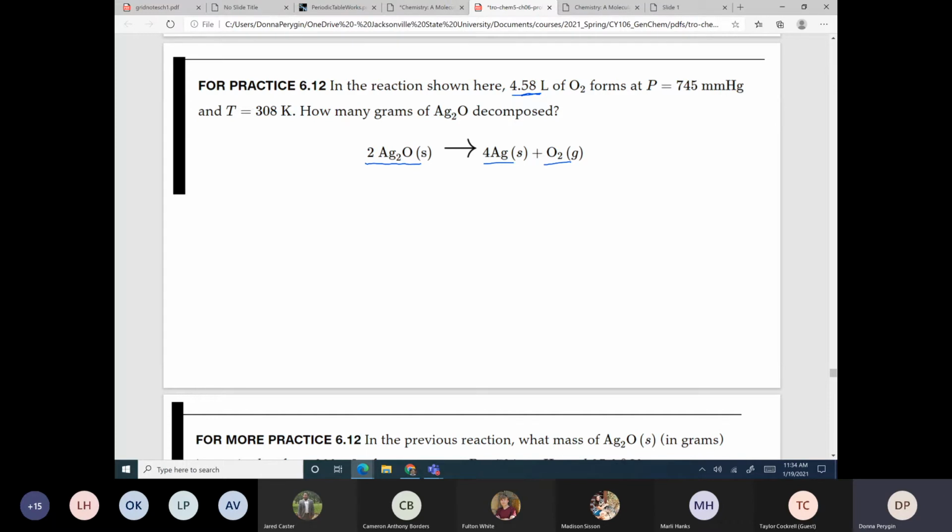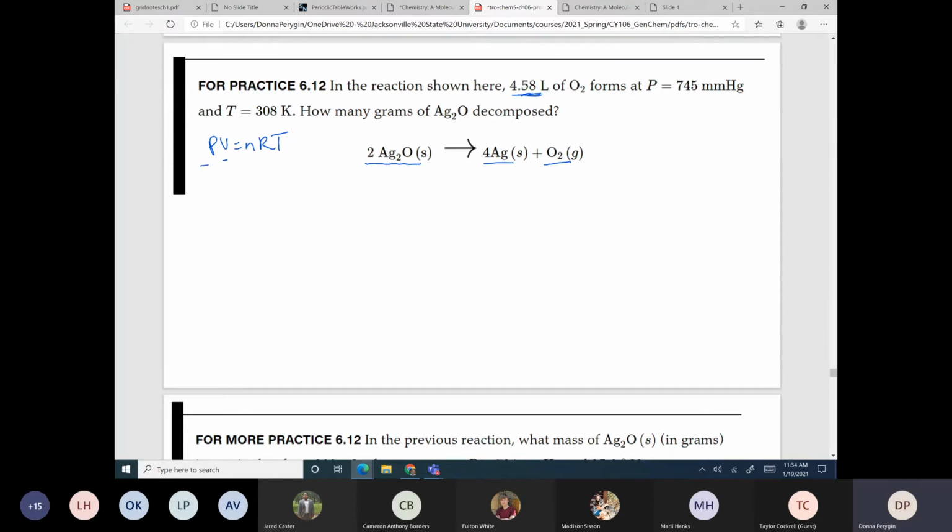So from the volume, we can get number of moles of O2. And how is that? Remember, PV equals nRT.